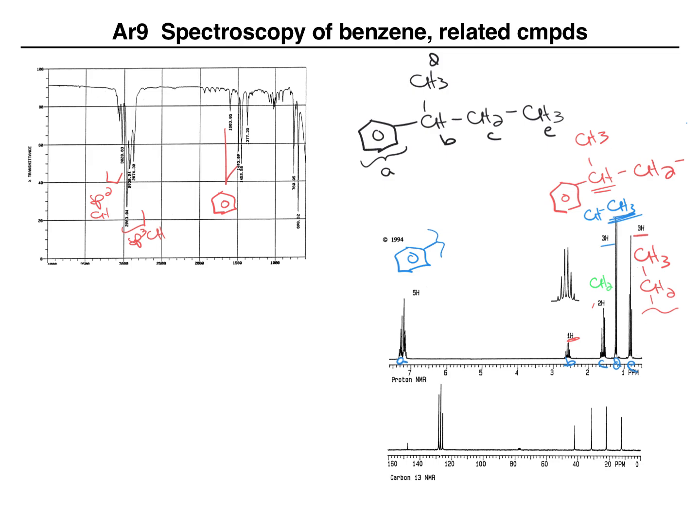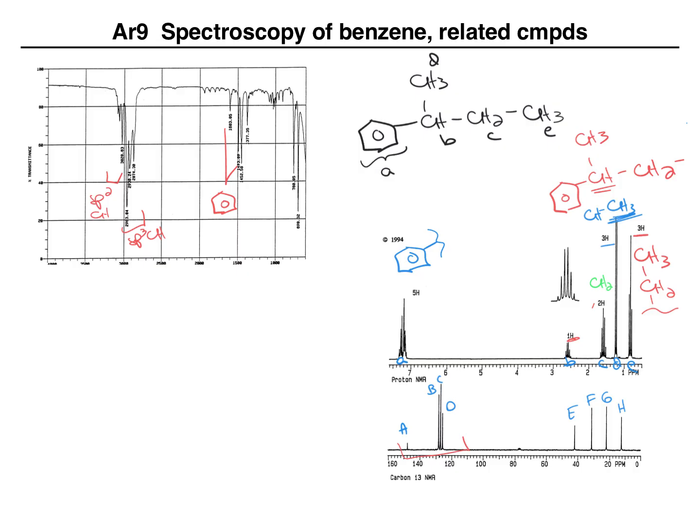So finally, if we just double check our structure, looking at the C13 NMR, we have signal A, B, C, D, E, F, G, and H. So these carbons are in the aromatic region.